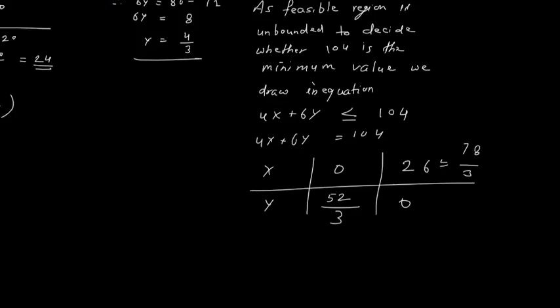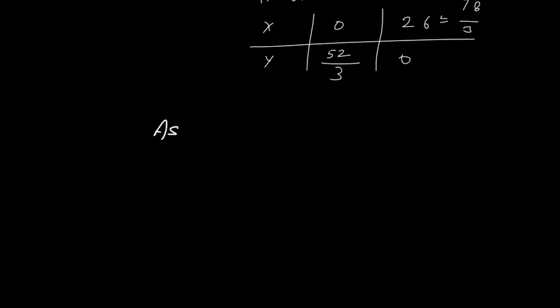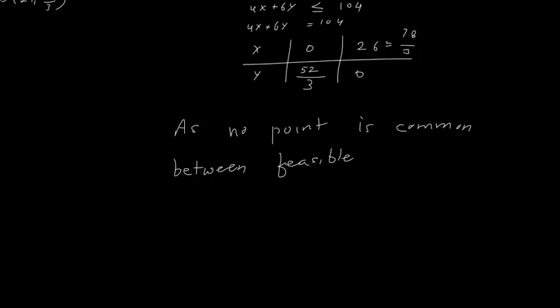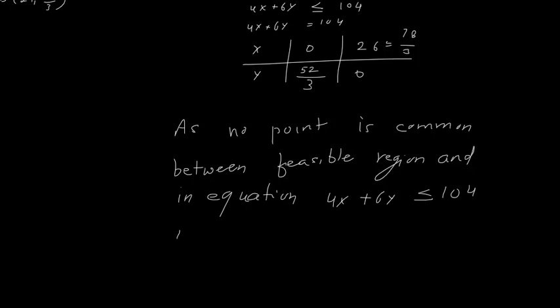So here, I will say that as no point is common between the feasible region and the inequation 4x plus 6y less than 104, we say z minimum is 104 at x equals 24, y equals 4 upon 3.